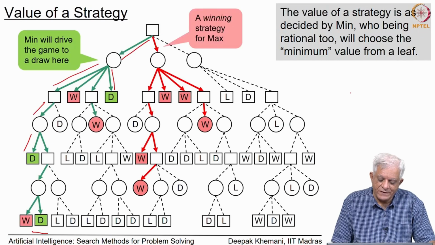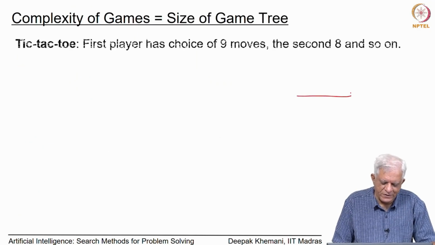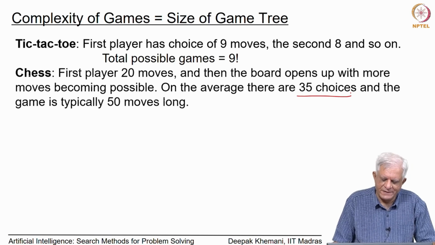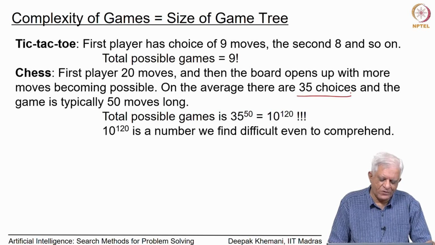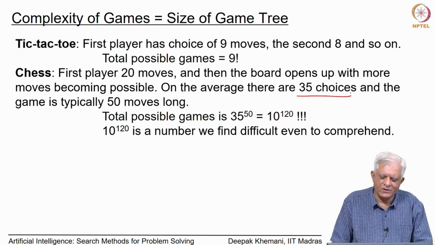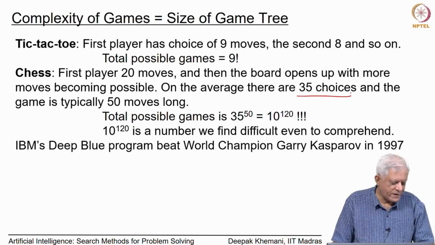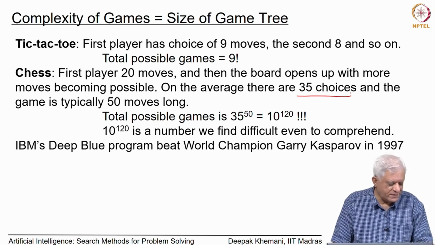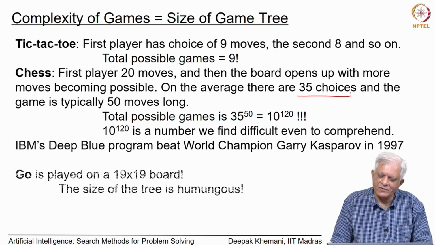And for a long time people thought that Go is difficult for computers to beat humans at, and people said that Go involves a different kind of reasoning, which some people associated with Zen reasoning, where you look at the Go board for a long time and somehow the right move pops up.